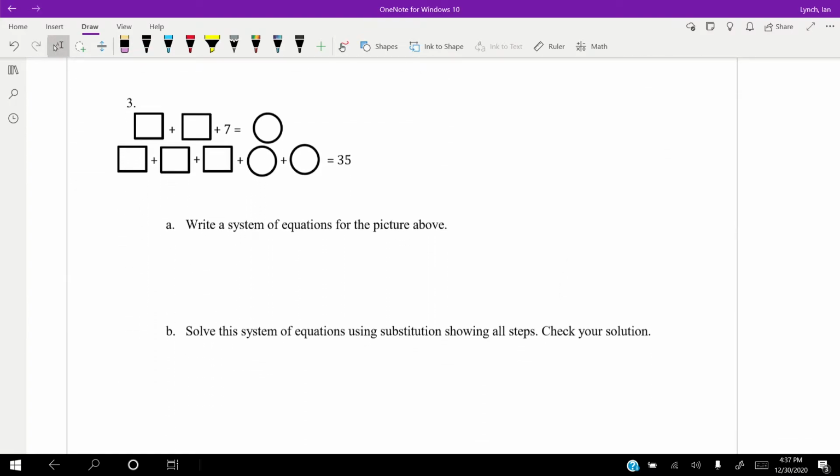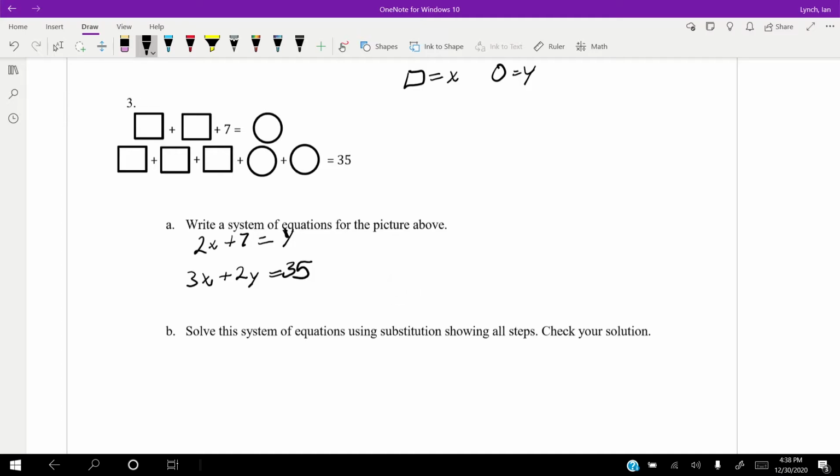All right, so to rewrite this, let's say squares equal x, circles are y. So we get 2x plus 7 equals y, and 3x plus 2y equals 35. Well, would you look at that? Step 1's already done for us. We've solved for y.